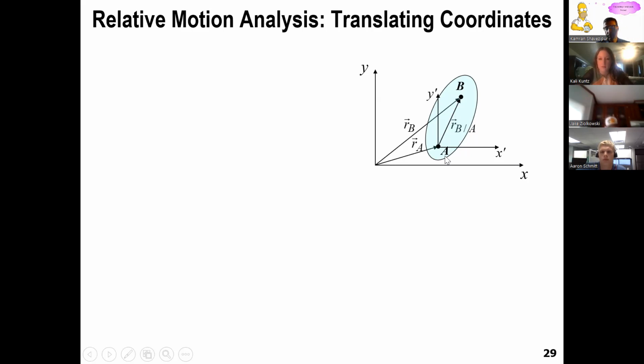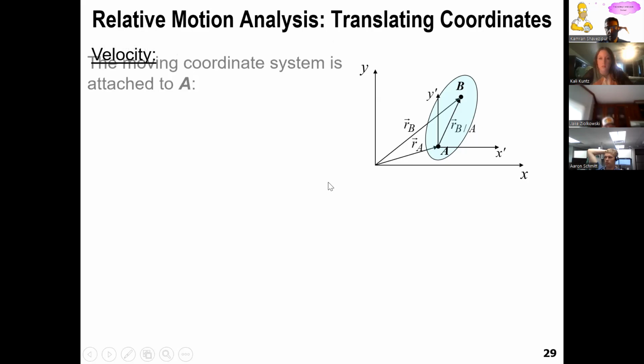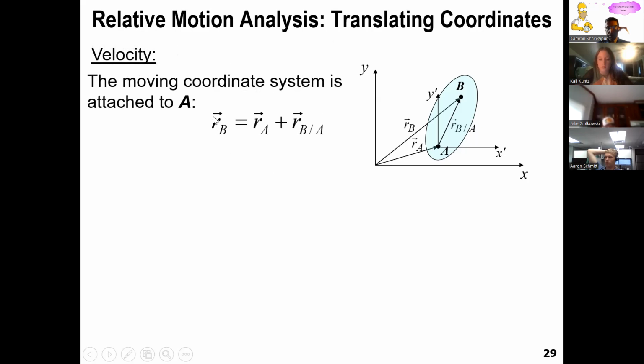Technically, I don't know how you can visualize this. Imagine you're sitting at the position of A. You don't see anything like this. You look at B, and this is what you see, right? Now, look at the animation. To find the velocity, you have to take the time derivative of this.